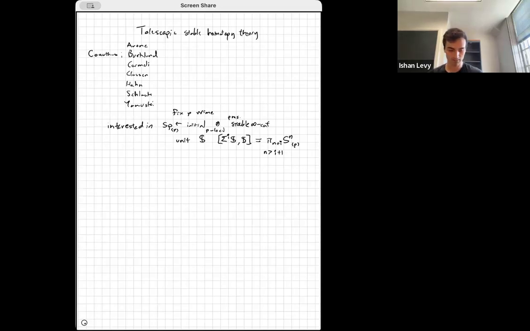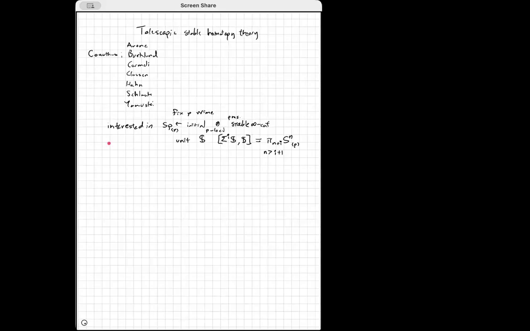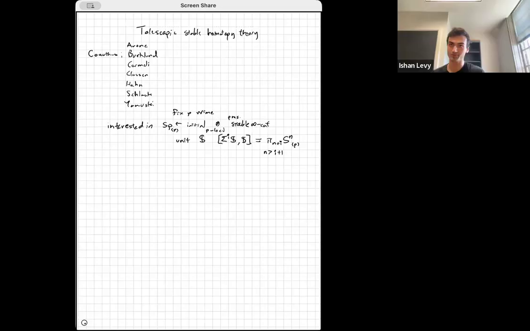The biggest question is, what are these stable homotopy groups of spheres? That's sort of a proxy for the question, how does stable homotopy theory work, or how do these stable infinity categories work? It's one way to try to understand that question.